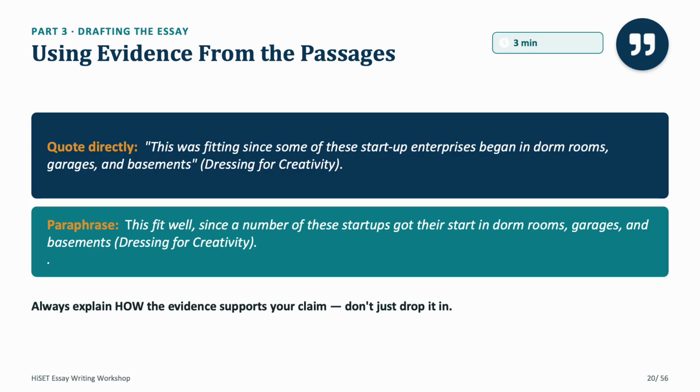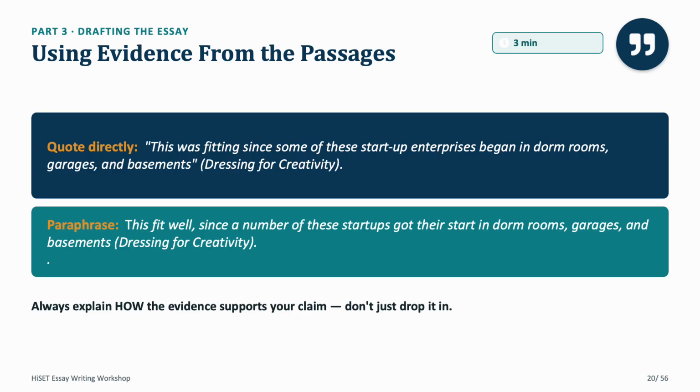There are two useful ways to include evidence from a passage. One is to quote directly, and the other is to paraphrase. But remember, whichever one you choose, it doesn't matter, but you're going to have to explain how the evidence supports your claim. You're not just going to drop it in. Now, to quote directly, you will use the exact words that were in the article, and this came from Dressing for Creativity, and you will put a quotation mark at the beginning of the quotation and at the end of the quotation.